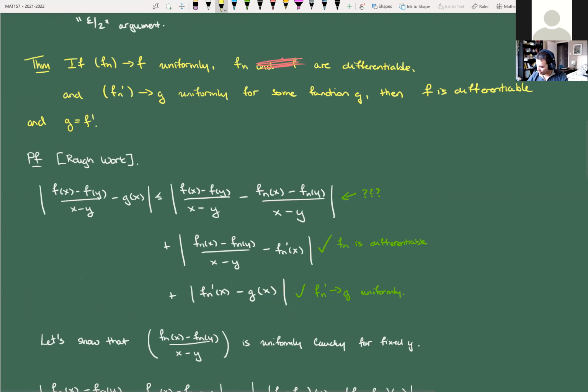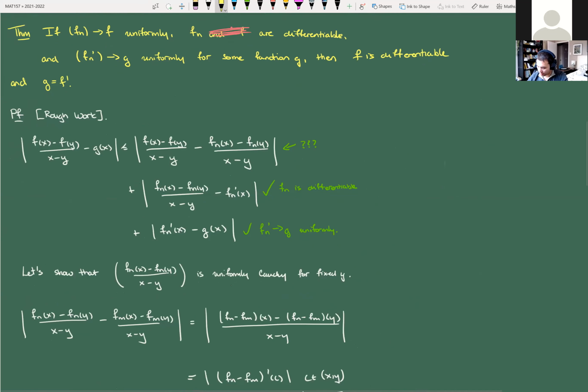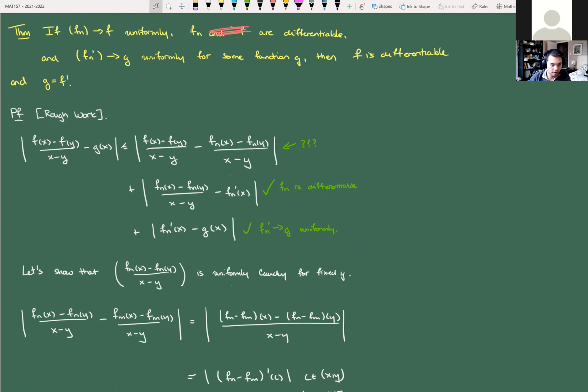And again, in our sketch of the proof, you can actually see that nothing changes in the proof, right? So here, if I show that this limit exists, that is the proof that F is differentiable, right? This left-hand side here is actually the definition of the limit for the difference quotient of F. So if I show that this thing is less than epsilon, that actually proves the differentiability of F, right?